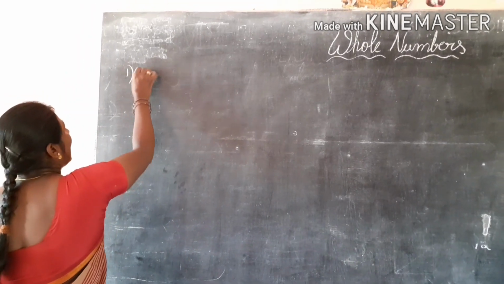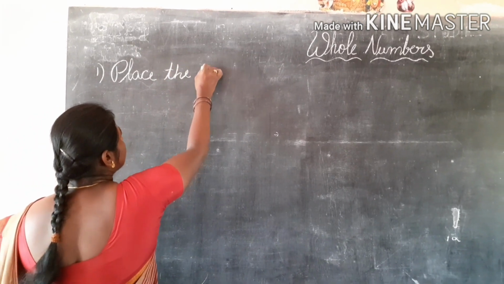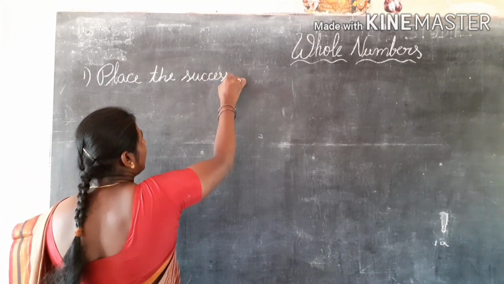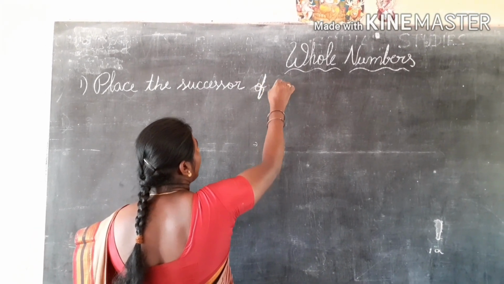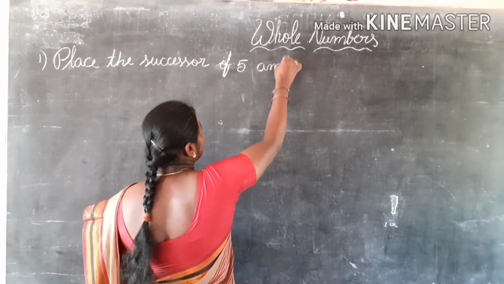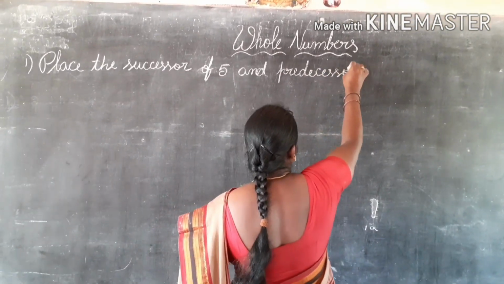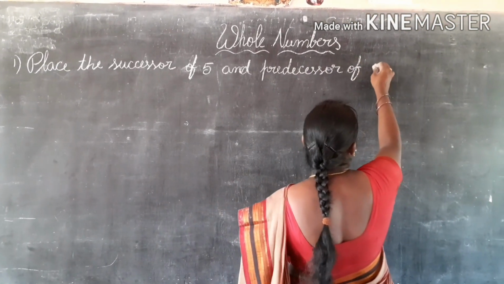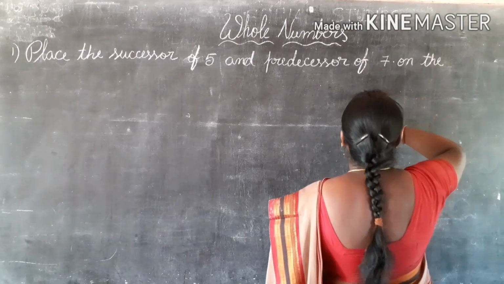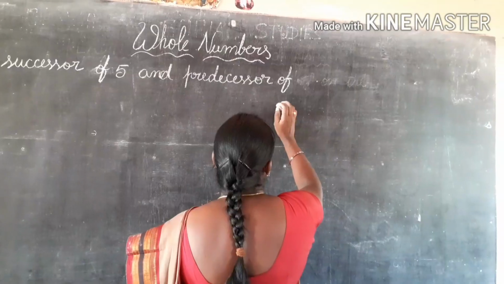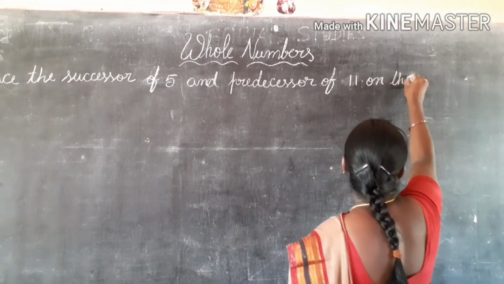See, first one: place the successor of 5 and predecessor of 11 on the number line.